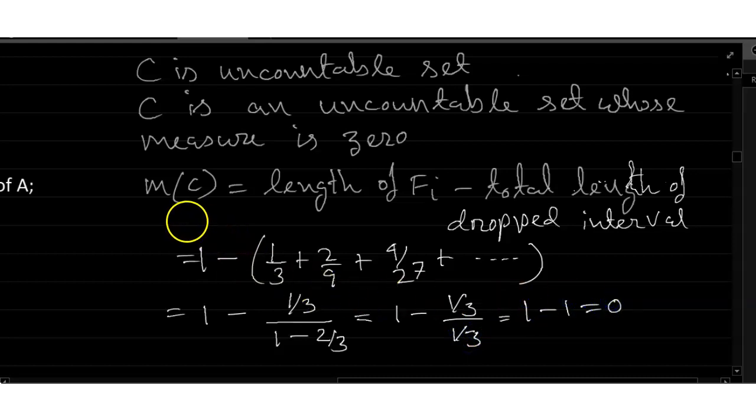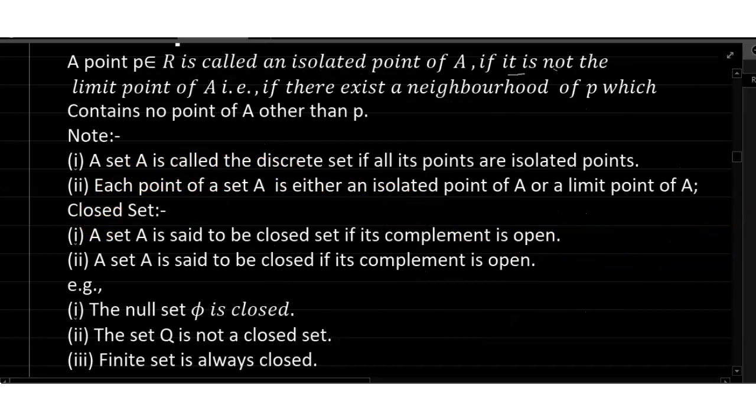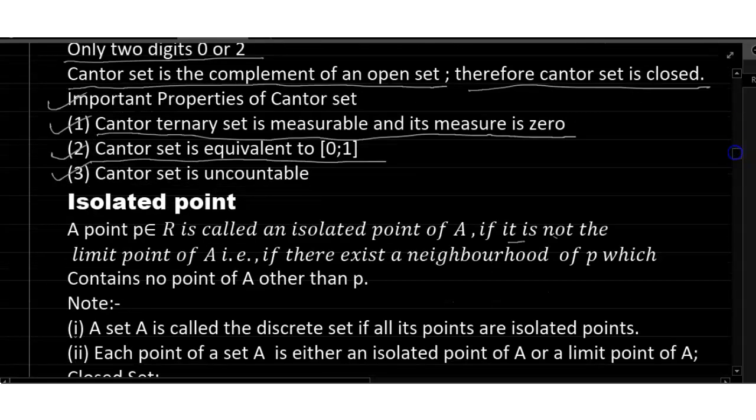So the measure of the Cantor set is 0. So friends, we get the value. So the Cantor set is uncountable, measurable, and its measure is 0.